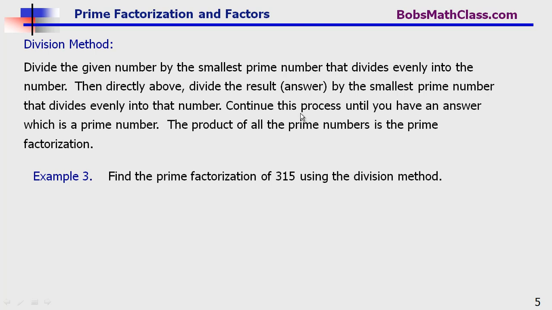Continue this process until you have an answer, which is a prime number. The product of all the prime numbers is the prime factorization. You might want to take a minute to write that down. Again, continually pause the video and then click back on play when you're ready to get started with the example.